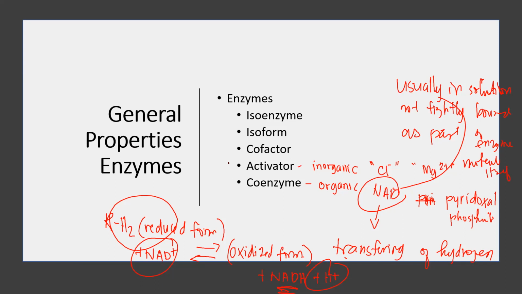Again, cofactors are essential to activate and facilitate enzymatic activity. These are your activators and your coenzymes.